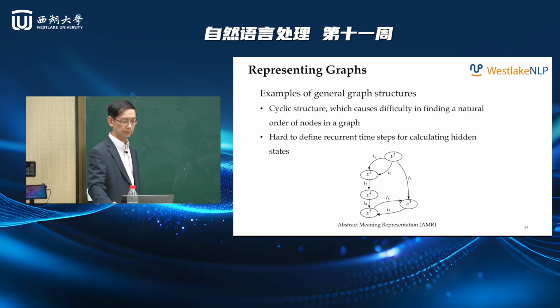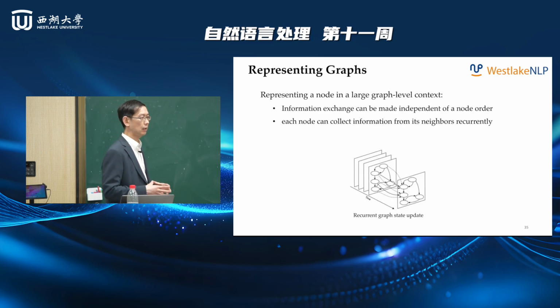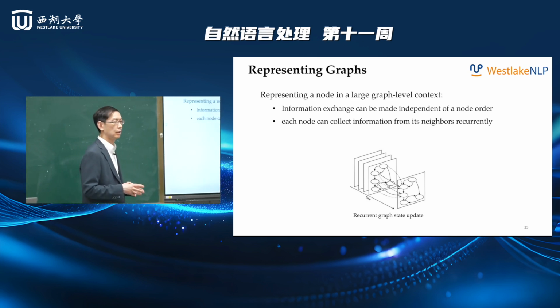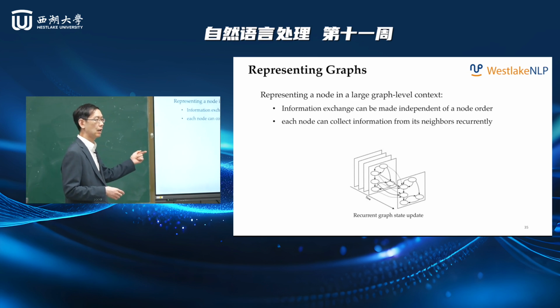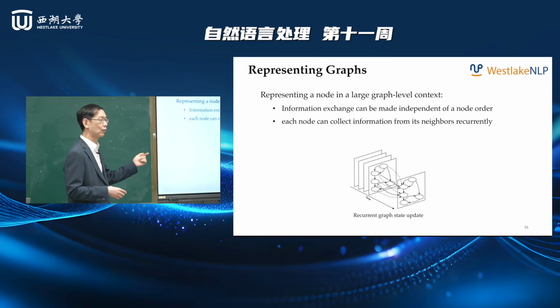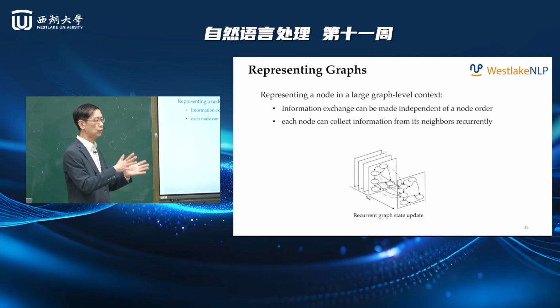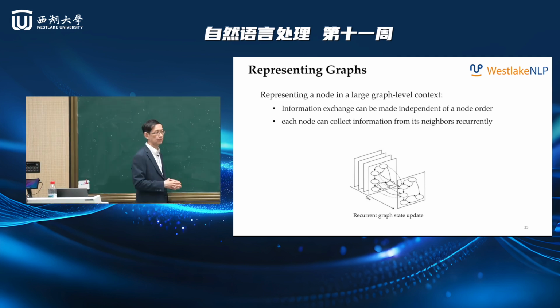So with this thinking, we can define a new definition of time step. The time steps are orthogonal to the graph. In other words, we can take continuous snapshots of the graph. In between two snapshots, we define a mechanism for every node to collect information from its neighbors.